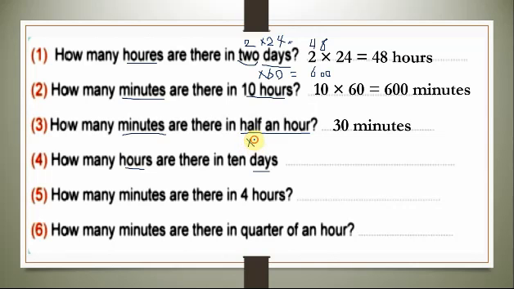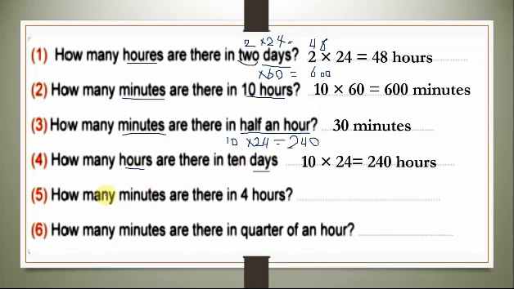So 10 times 24. I have a 0, I will put it. Then 1 times 24 equals 24. So the hours that exist in 10 days equals 240 hours.